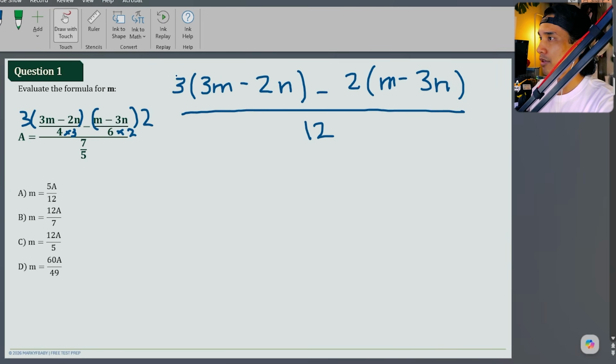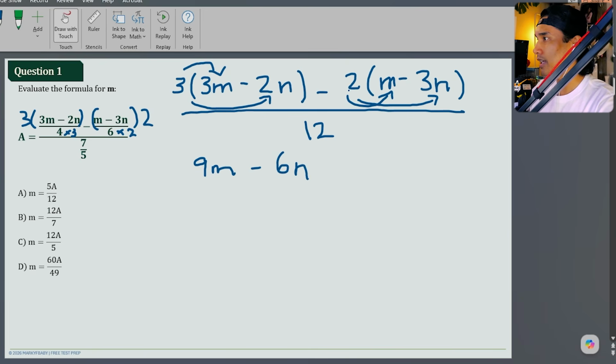And now the first thing that I'm going to do here is distribute. What is 3 times 3m? That is 9m. What is 3 times negative 2n? That is negative 6n.